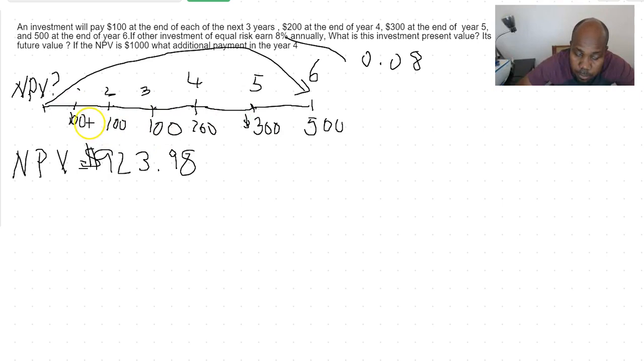I just found the value of all of these, 923.98. So I don't need an additional payment because I'm not going to have an additional payment. So if they ask you for the future value, if you want to do it in detail, it's going to be the net present value.